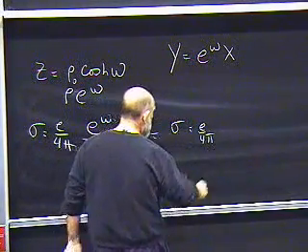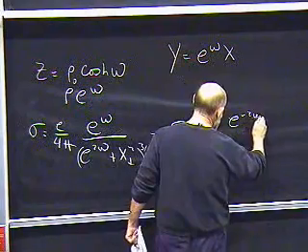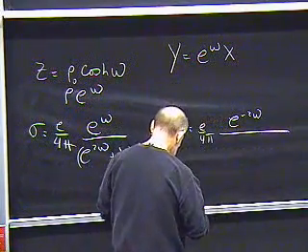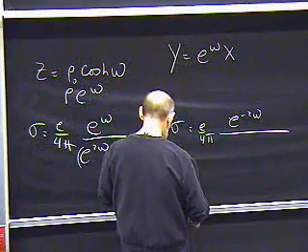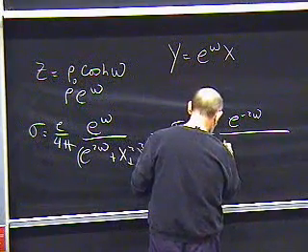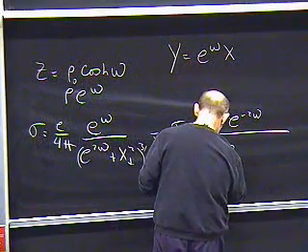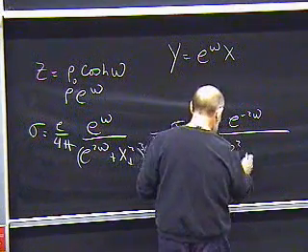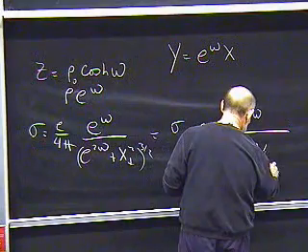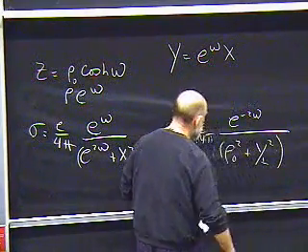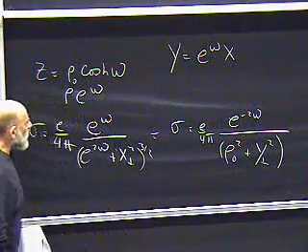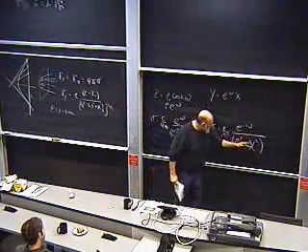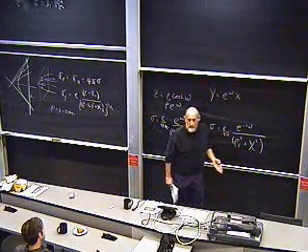Now, if you follow the omegas, you'll find e to the minus 2 omega, and then divided by rho naught squared plus y transverse squared. In other words, the charge distribution looks constant except for a factor of e to the minus 2 omega.